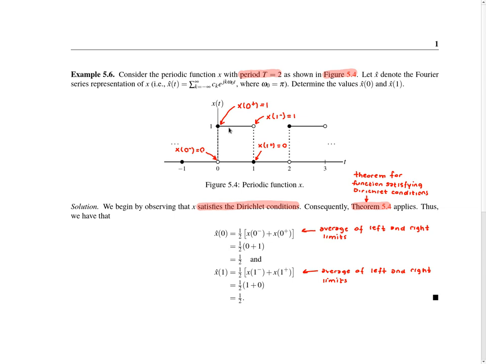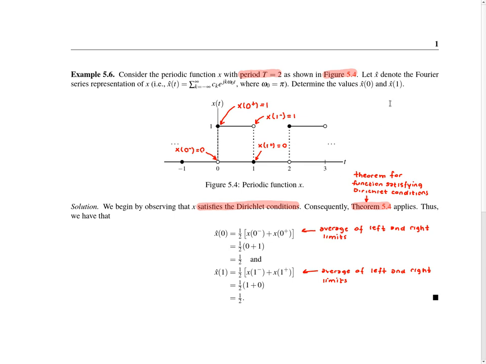And as we're approaching the discontinuity from the right, the value that we see is 1. So the Fourier series will converge to the average of the left and right limit at the point of discontinuity. So it will converge to the average of 0 and 1, which is simply 1/2.